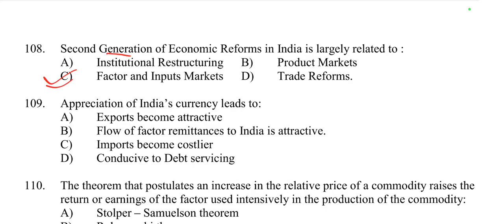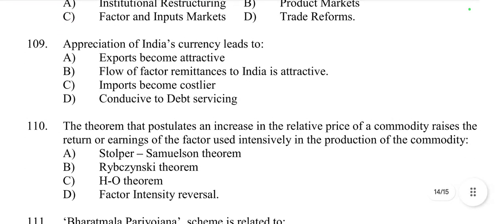Second generation economic reform in India is largely related to factor and input markets, because these reforms, which began in the late 1990s, aim to improve the efficiency of factor markets, including labor and capital markets, by reducing regulatory barriers, enhancing competition, and promoting investment.